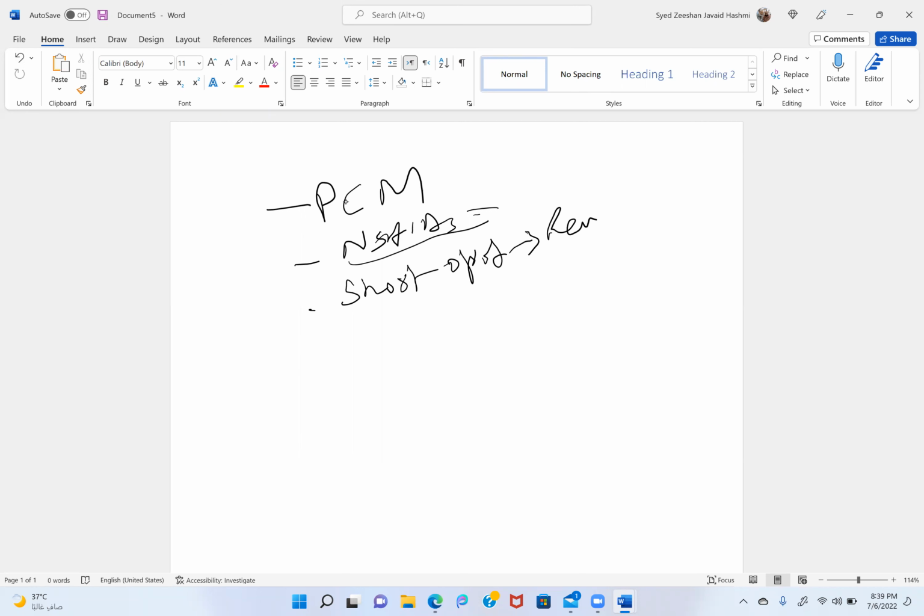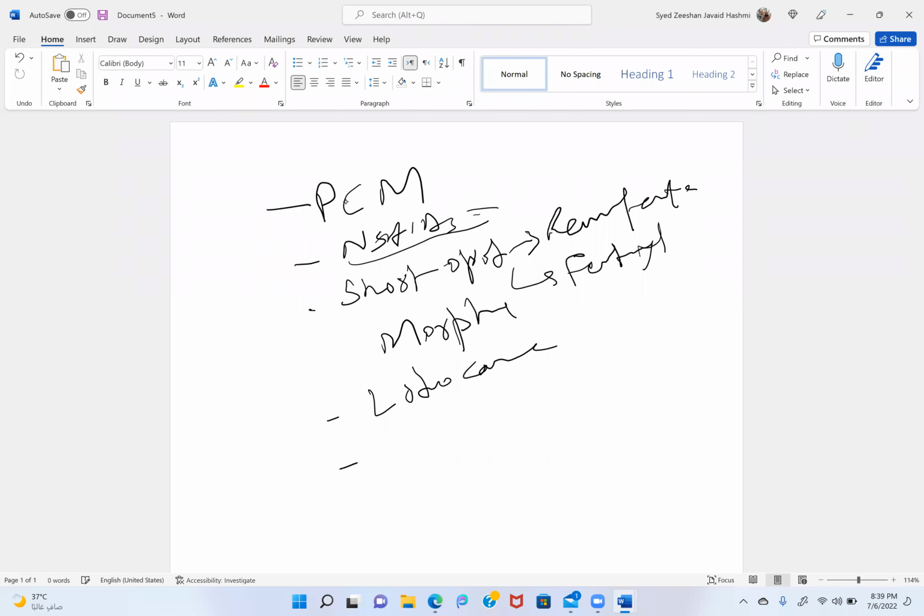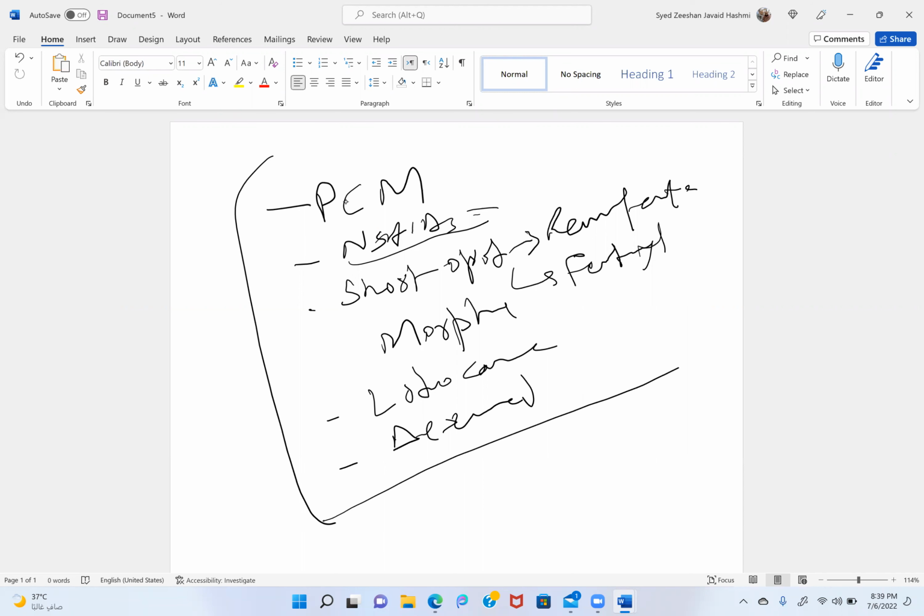If you are giving GA, of course, remifentanil infusion, fentanyl, or morphine. And as I said before, lidocaine infusion, and you can give dexmedetomidine. This is the multimodal analgesia plan which you use for any patient, and you can have all these intraoperatively and postoperatively.